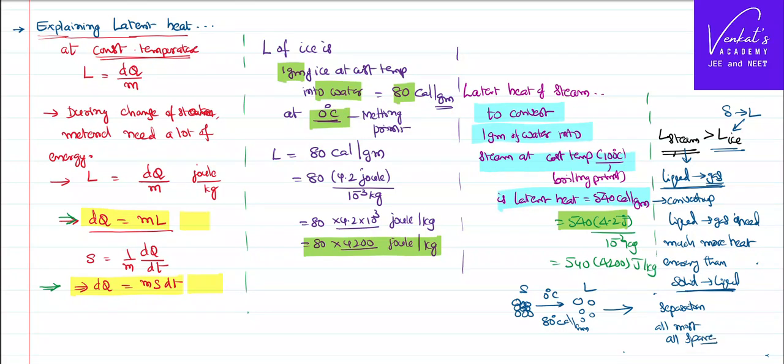So they go too far from each other. To push them too far from each other, it needs a lot more energy. That's why the latent heat of steam is much more than the latent heat of ice. So that's the main point that I want you to understand here. These two formulas are very important for you. We will be using them while we are solving the problems further. Thank you for watching.